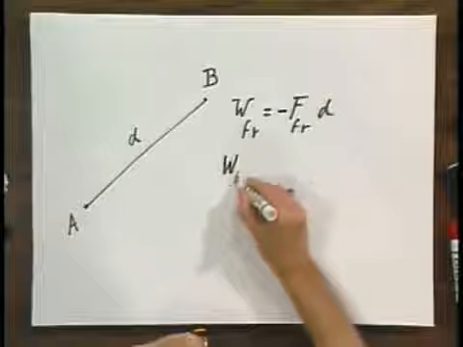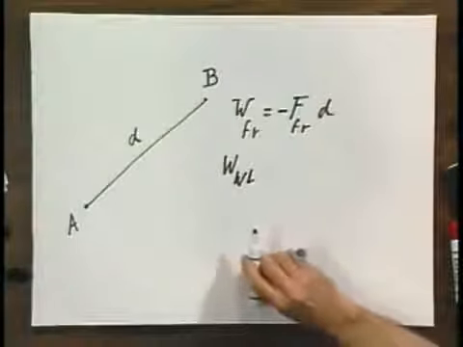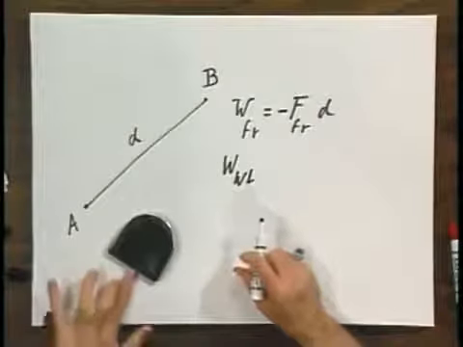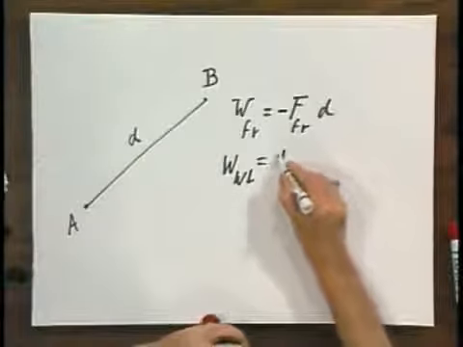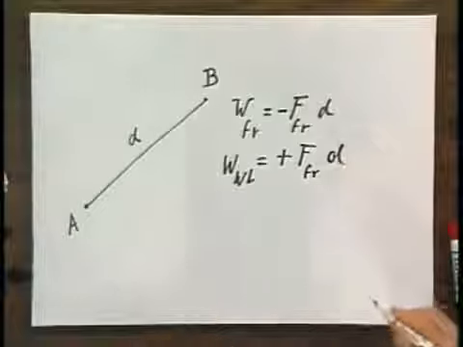The work done by Walter Lewin, if I push in horizontal direction, I'm not pushing down on it, I'm pushing in horizontal direction. That work done by me is plus frictional force times d.